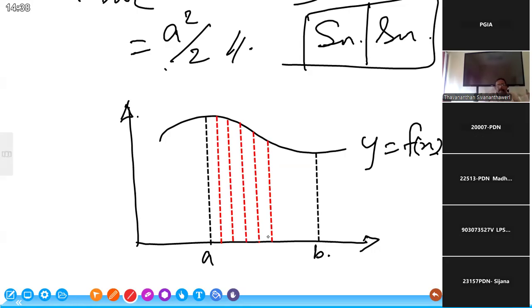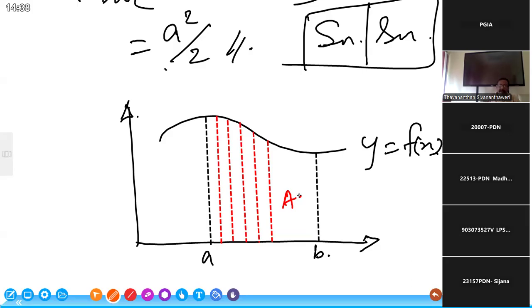That will give you the area under the given function. That is the concept we have. Even in integration, that is the basic concept. That is why I'm bringing in this area under the curve.